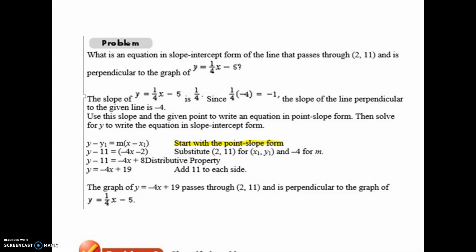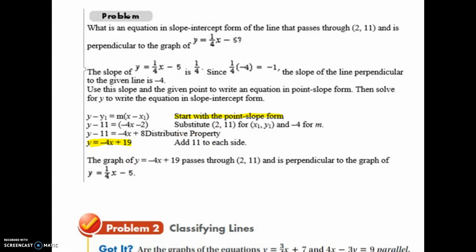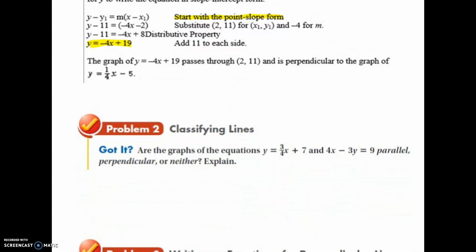So this would be our equation that has opposite reciprocal slopes, and that's how we know they're perpendicular. We don't really pay much attention to the y-intercept. We mostly just make sure that the slopes are opposite reciprocals and it goes through the point that is given. So there's another example worked out.